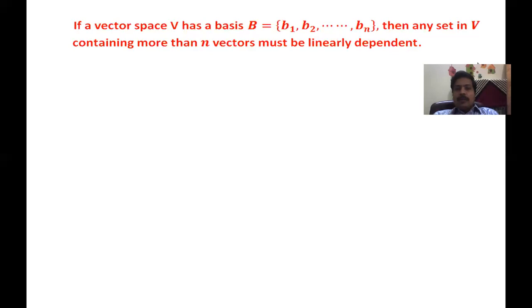So now a vector space and a basis with n vectors are given. We are going to prove that any set of vectors in V which has more than these n vectors is linearly dependent.